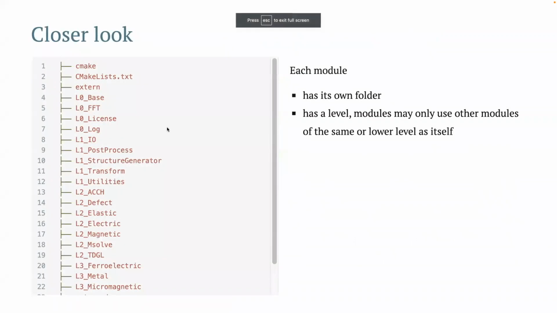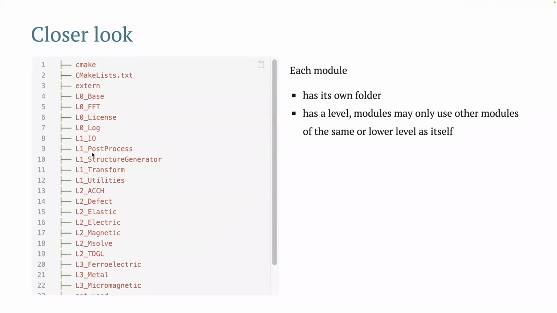So this is the look of our current folder structure in the library, and you can see I grouped all those different functionalities into their own modules, and each module has its own folder. I also label these modules with a level number, and any of these modules can only use other modules that have the same or smaller level number.